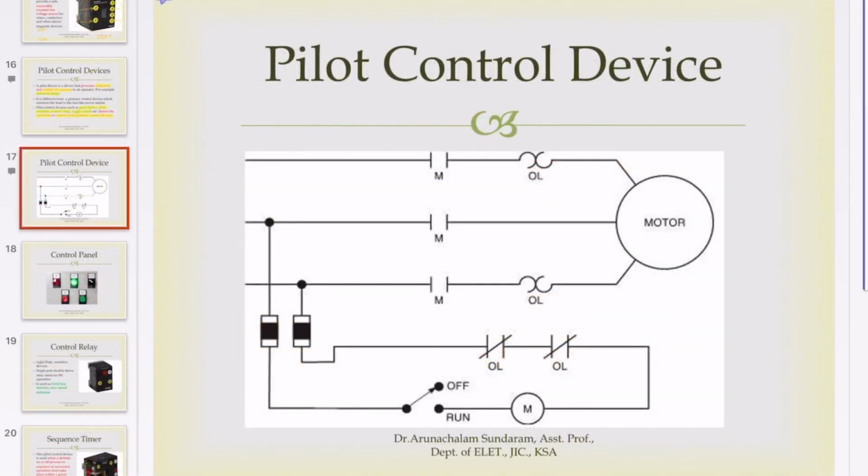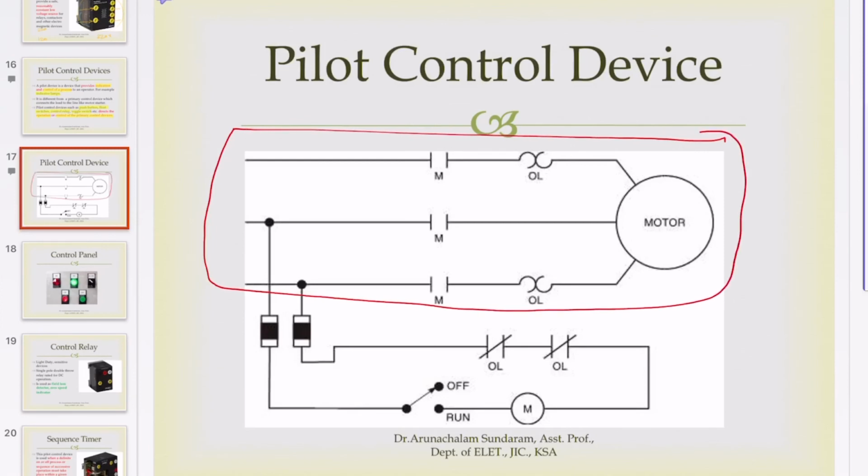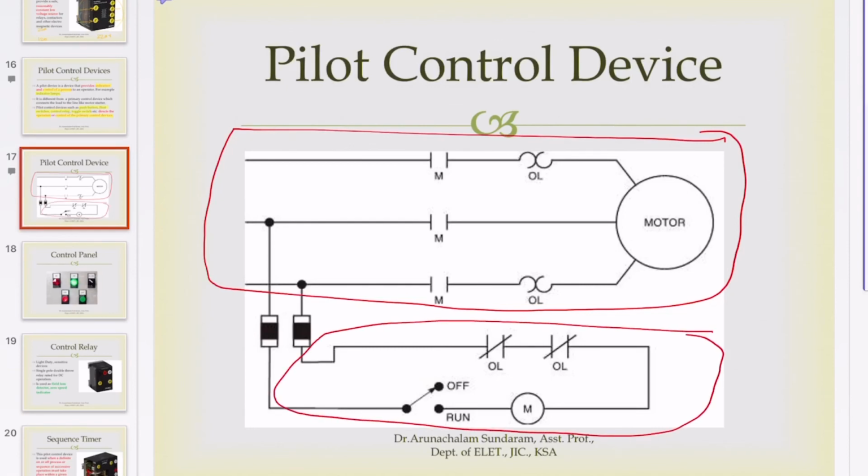This is an example of a pilot control device. As you can see here, this is a small sample of a control system which consists of a power circuit, this is the power circuit of this control system, and a control circuit. This is the selector switch.